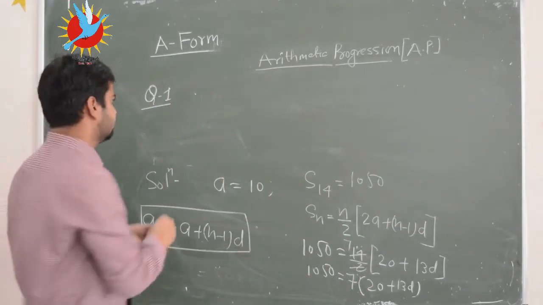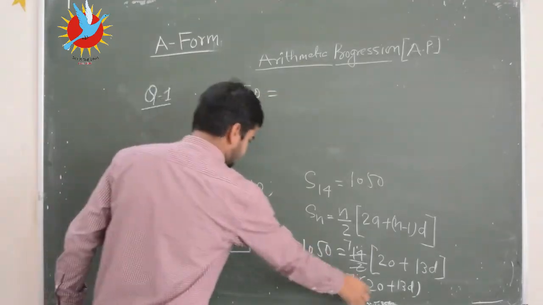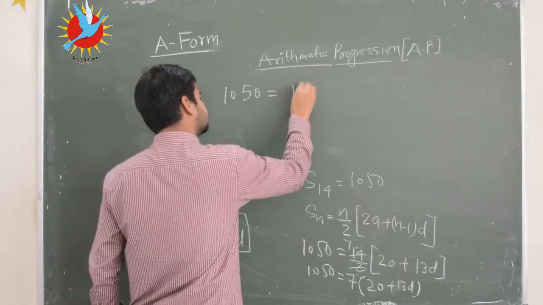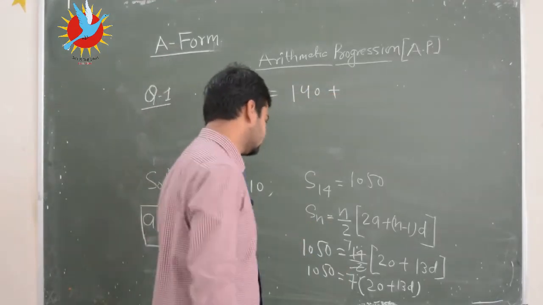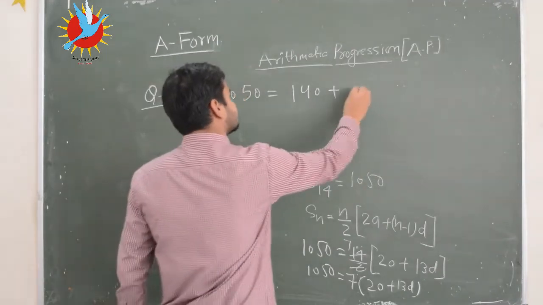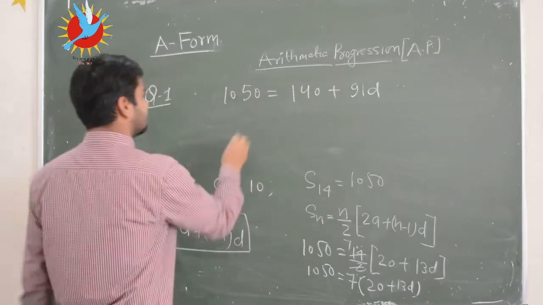From this equation we can write 1050 equal to 7 into 20, that is 140, plus 7 into 13, so it will be 91d, and from this we have to calculate d.